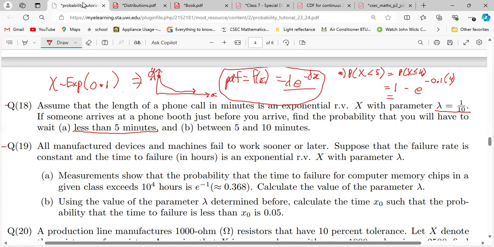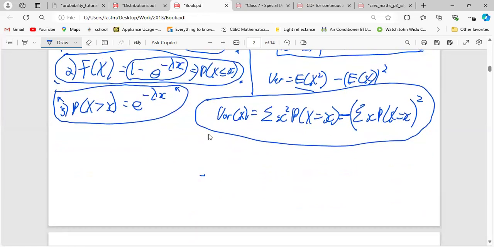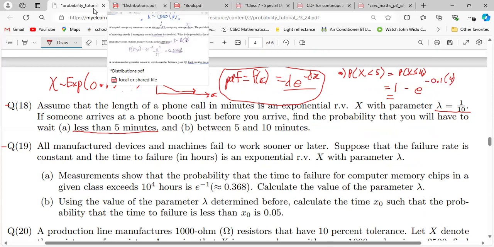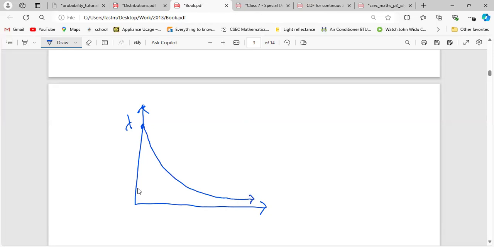And then this one here, between 5 and 10, I might need more space for this one. So I need the probability between 5 and 10, making sure I read it properly. If we draw the graph for it, there's a sketch.